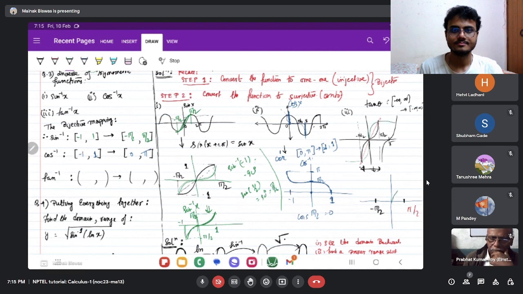So this is your tan inverse of x. This is between -infinity to infinity, but this will be between -pi by 2 to pi by 2.